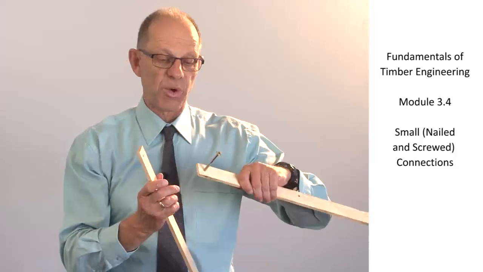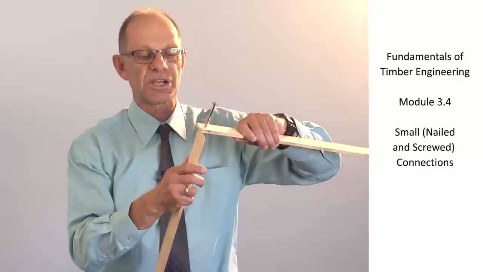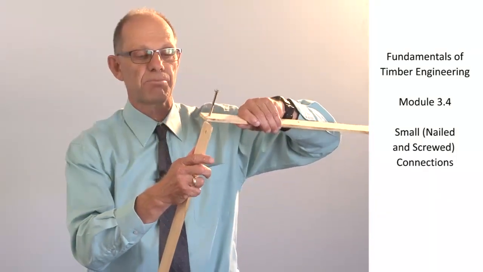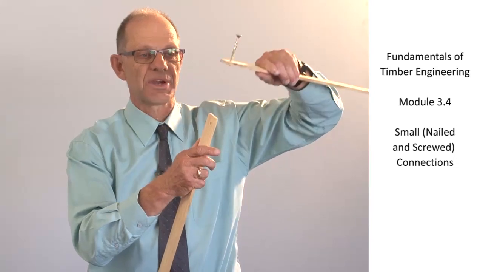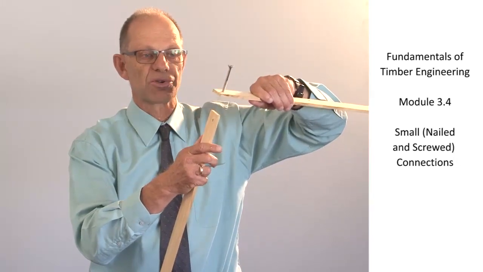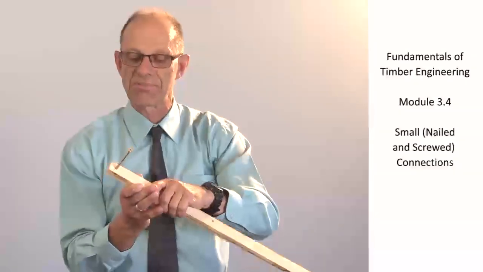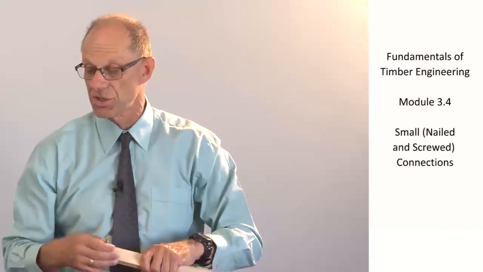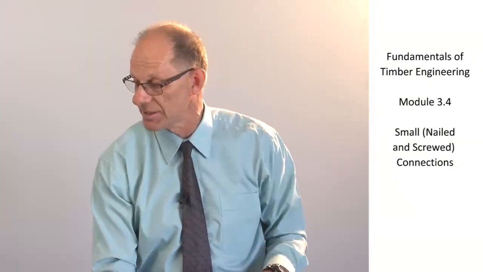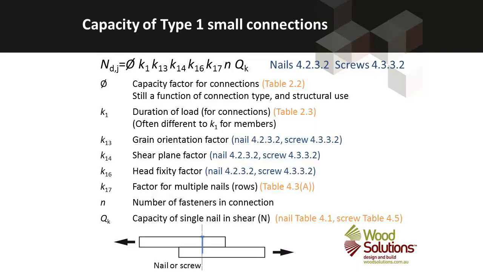So that's a type 1 connection. A type 2 connection would be this one here, where I'm pulling the upper one off, and that is putting the screw into tension. And screws have about 3 times the capacity in a type 2 connection to the same size nail.